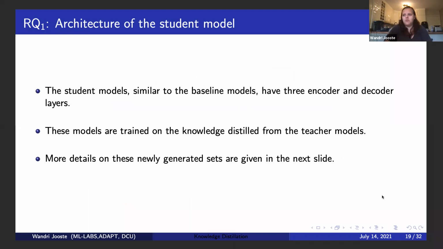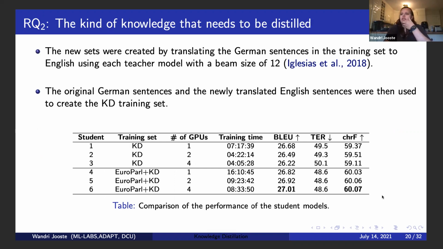So the student models, like I said earlier, are similar to the baseline models, where they have 3 encoder and decoder layers, but the training data differs. In terms of research question 2, for the kind of knowledge that needs to be distilled, when we created the new knowledge distilled training sets, we used a beam size of 12.